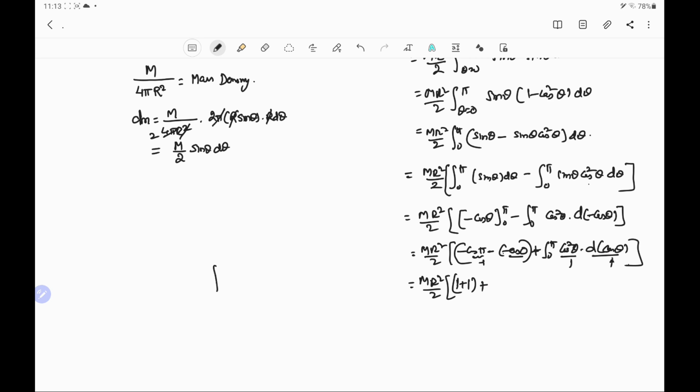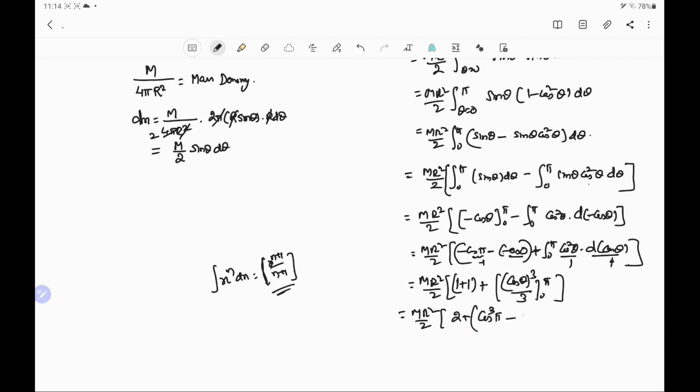So we can apply the formula of integral of x raised to the power n dx equal to x to the power n plus 1 by n plus 1. So here cos theta acts as x. So we can write it is cos theta power 3, because it's 2, 2 plus 1, 3 by 3, and put the limit 0 to pi. It is equal to m r square by 2, 2 plus, put upper limit cos cube pi minus lower limit cos cube 0 by 3.